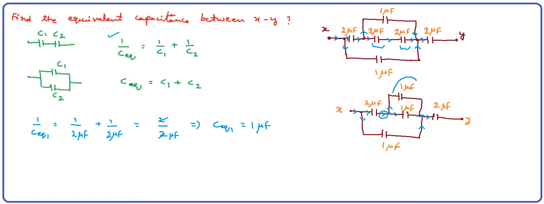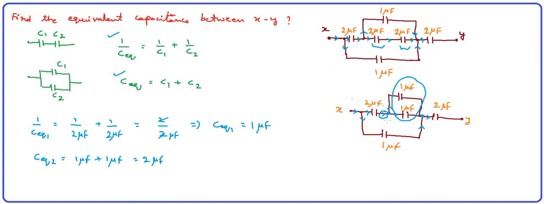So these two capacitors are in parallel. Now let me write C equivalent 2, the equation for capacitances in parallel. C equivalent 2 is equal to C1, so 1 microfarad plus 1 microfarad, which is equal to 2 microfarad.